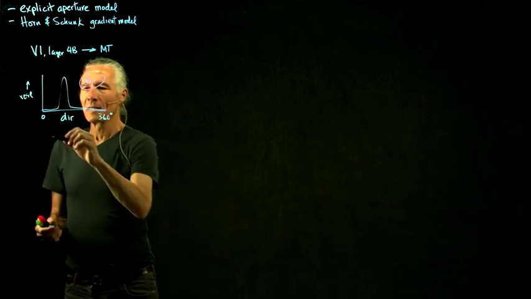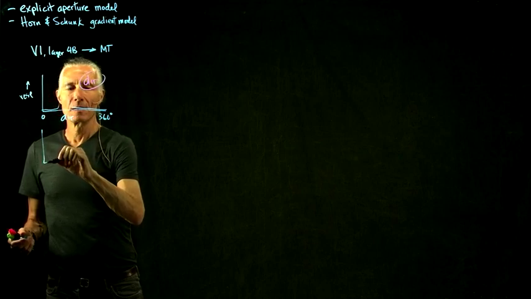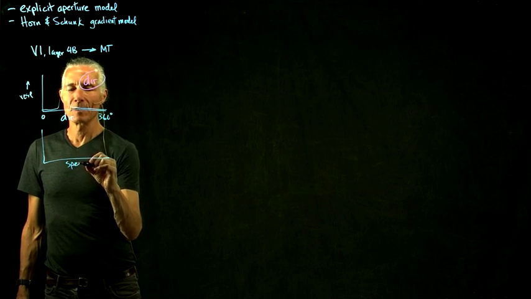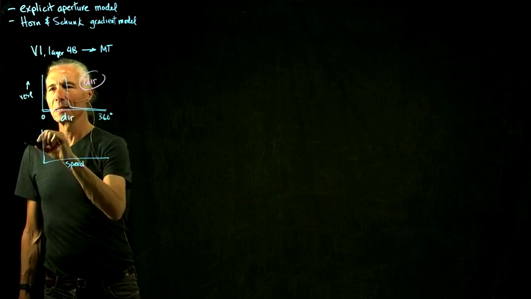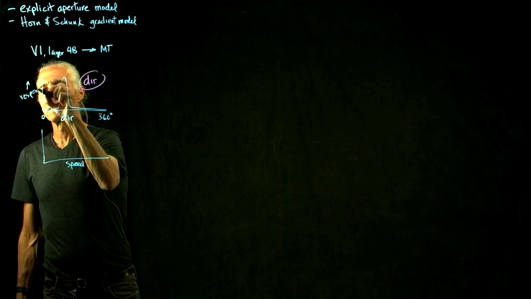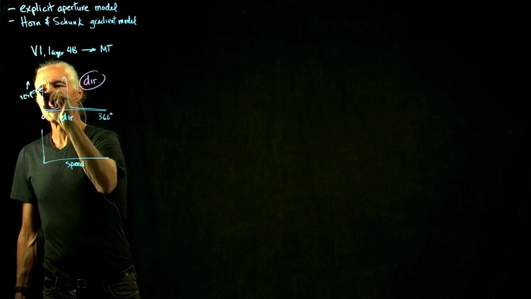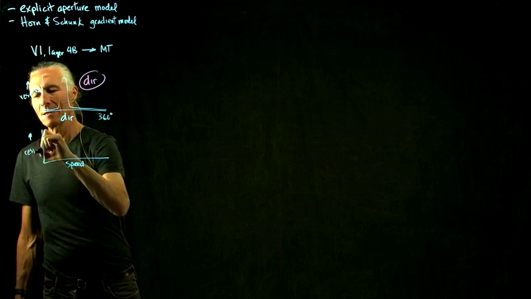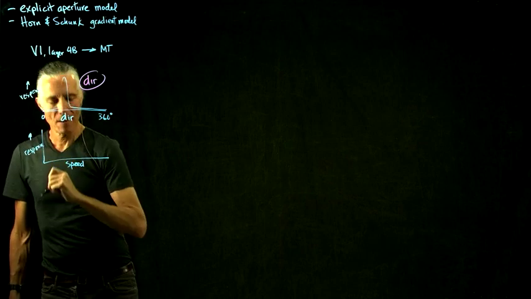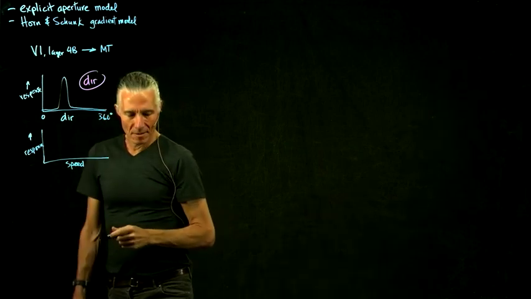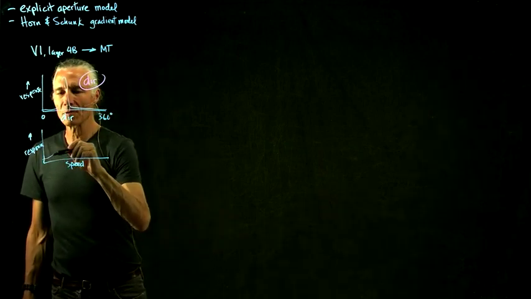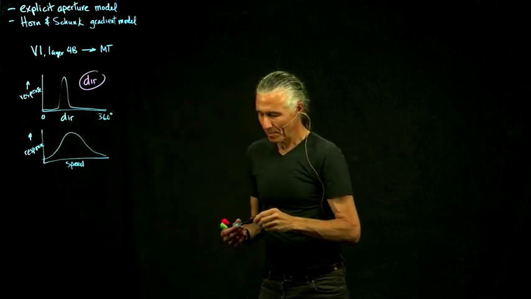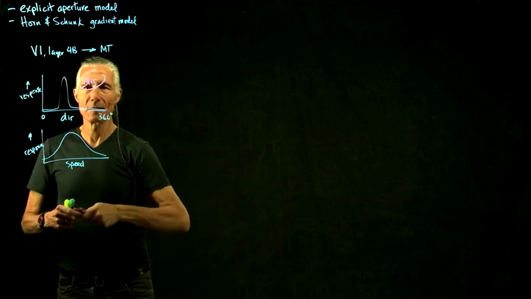So here's speed. But you might notice there's a problem now, because there's both direction and speed. That's two dimensions. Let's pick a direction, say the good direction, and measure how the cell responds when we try different speeds. You might find a curve something like that for one direction.